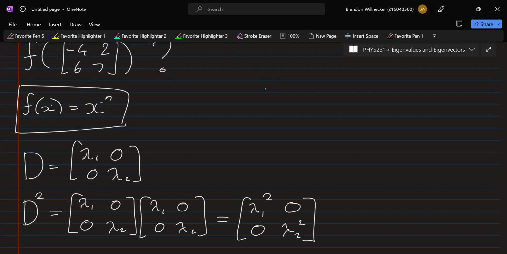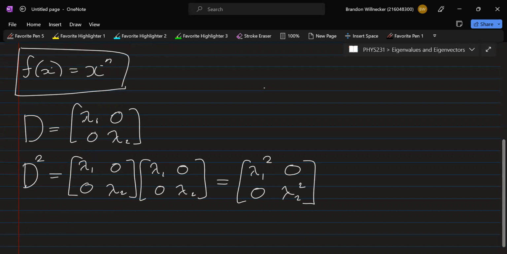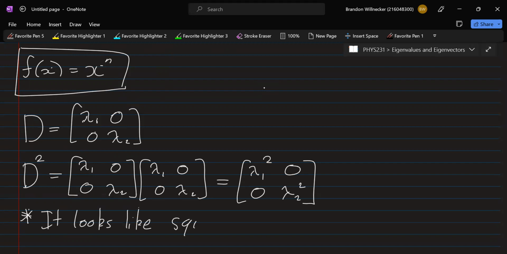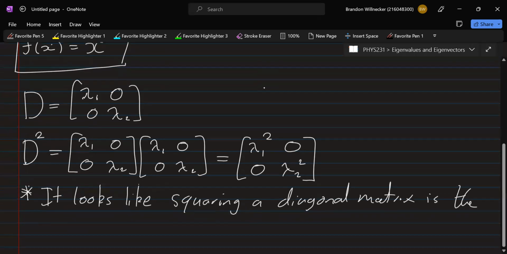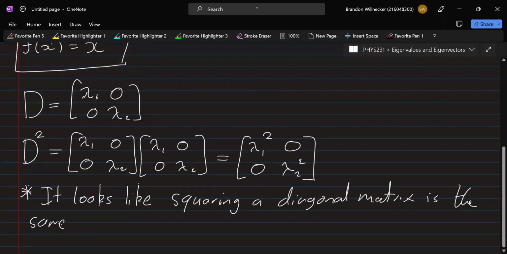So it looks like taking the square of a diagonal matrix squares the diagonal elements. Just a little thing to think about. We haven't proved any of this yet, but it looks like squaring a diagonal matrix is the same as simply squaring the diagonal elements.